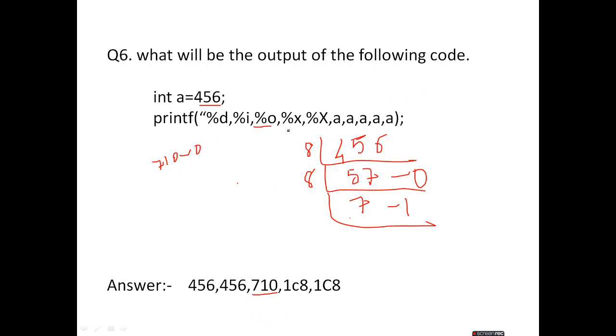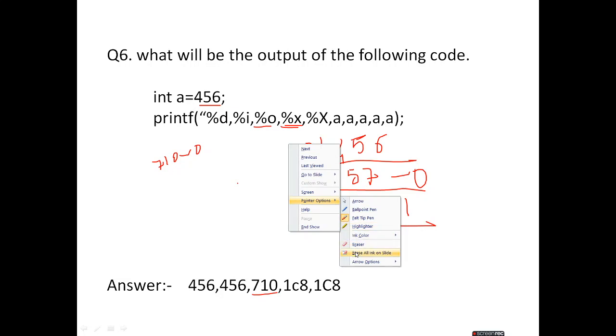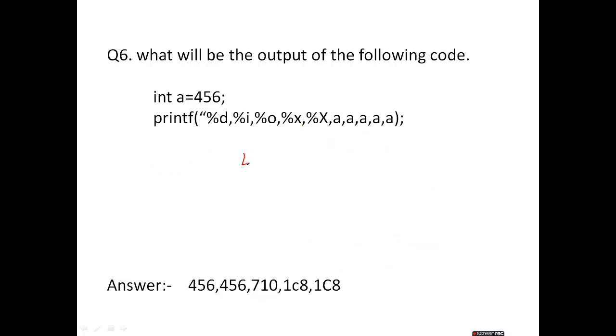Now we will print the hexadecimal number, small x. Now convert this integer number into a hexadecimal number. For that we will divide it by 16. We will divide this one by 16. So 16 28 with a remainder of 8.